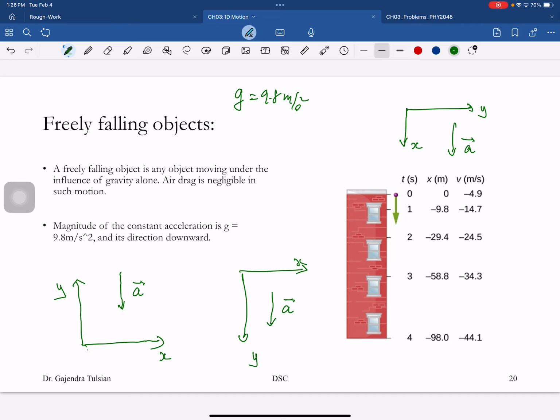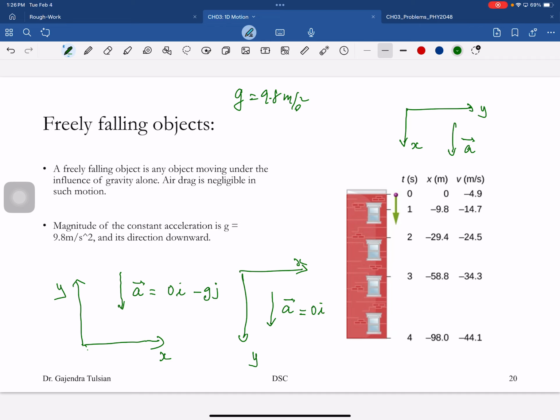Let's make sure we understand this. We'll write it in vector notation. This is 0i. This vector doesn't have an x component, and its y component is negative gj. How about this vector?